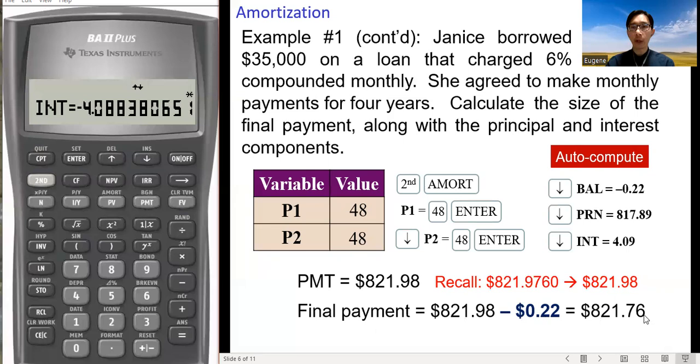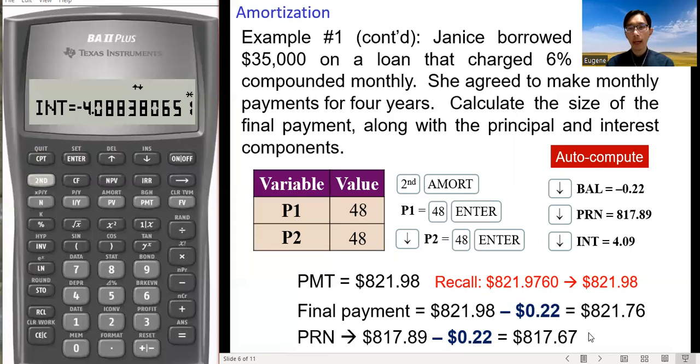This is the size of the final payment. We also need to adjust the principal repay, the PRN, by the same amount, negative 0.22. So the PRN is adjusted to $817.67.